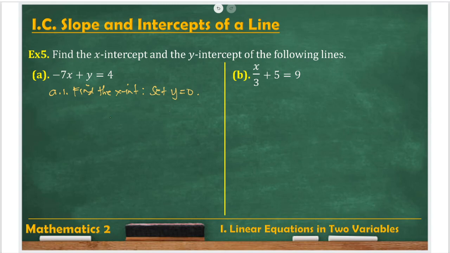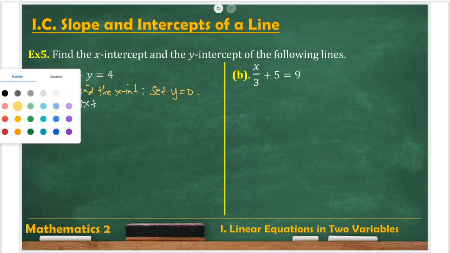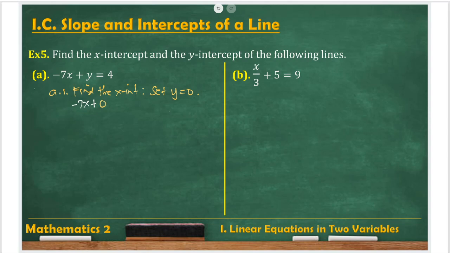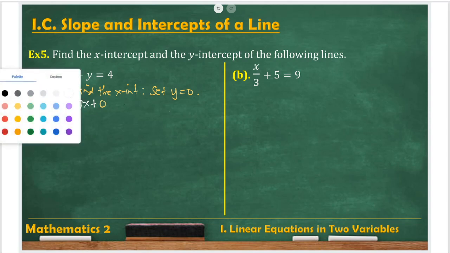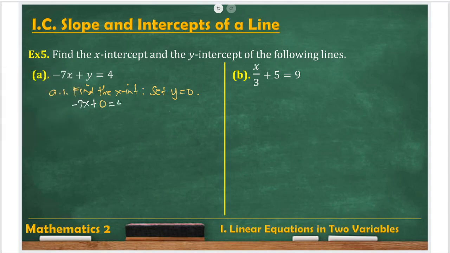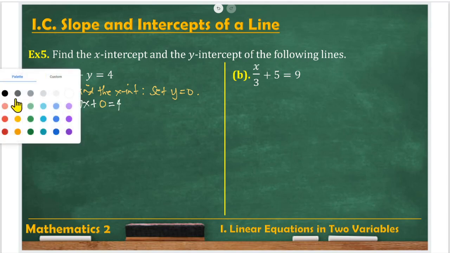Then after setting the value of y to 0, we solve the resulting equation. So when y is equal to 0, we will have the equation negative 7x plus 0 is equal to 4.